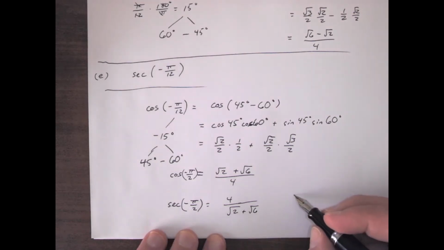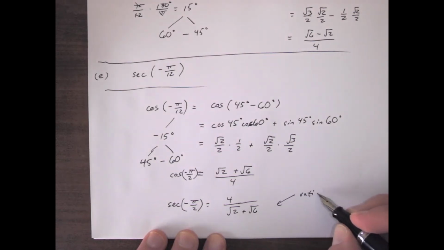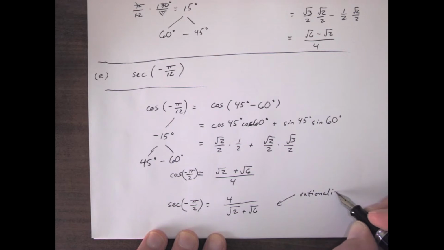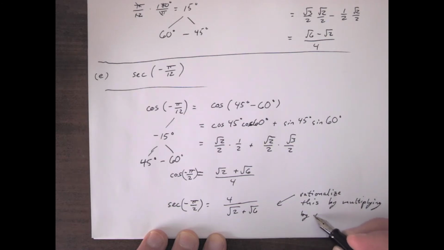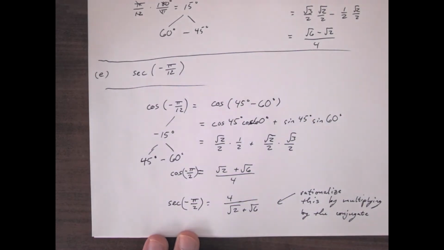So we will rationalize by multiplying by the conjugate.